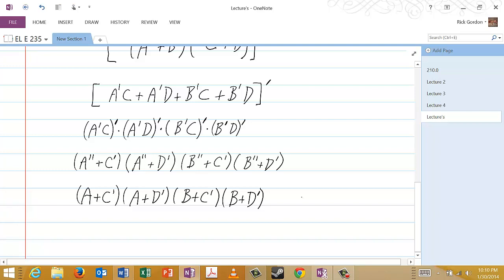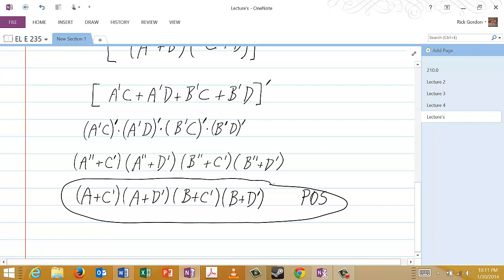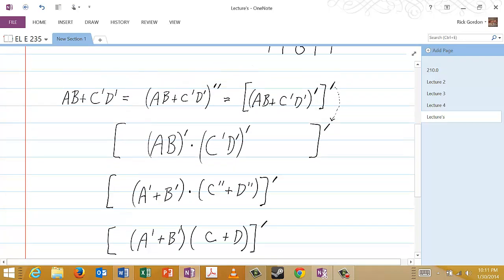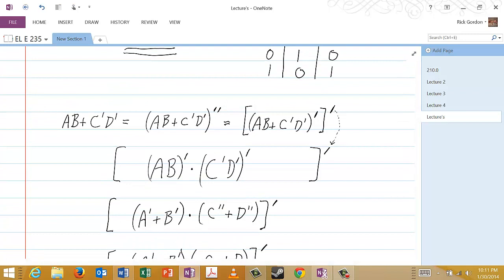And notice that now we do indeed have a product of sums form. You can see it's clearly a product, and each one of these is a simple sum of Boolean variables, and therefore this is a product of sums expression. And I claim that this is equivalent to the expression that we started with up here at the beginning, AB ORed with C complement D complement.